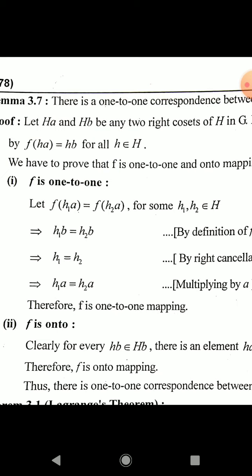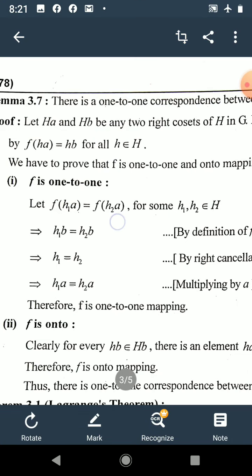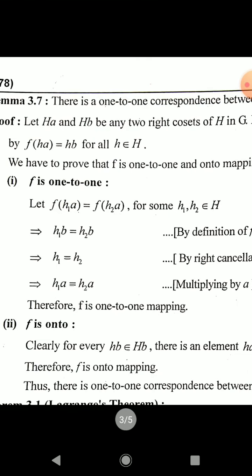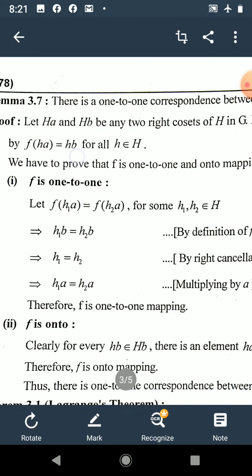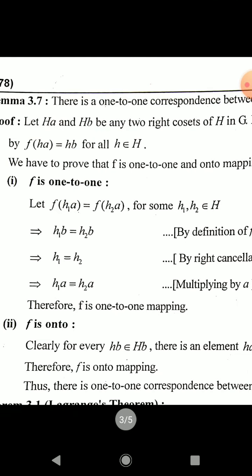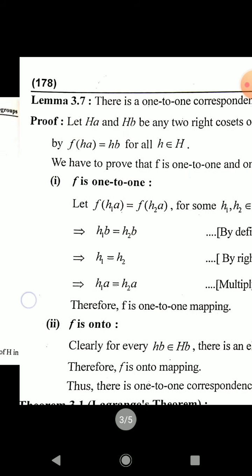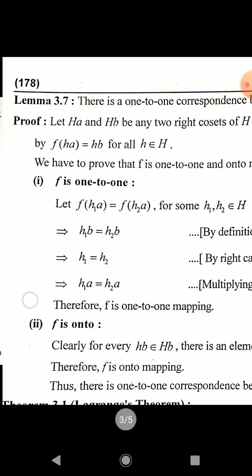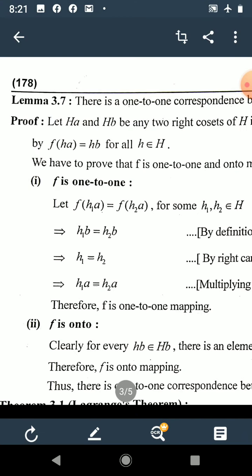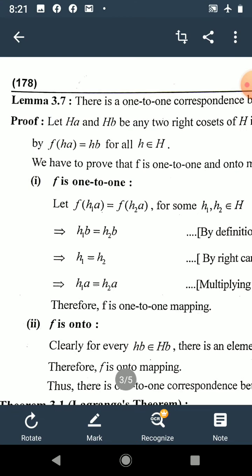Consider f(h1a) equals f(h2a). But what is the definition? f(ha) equals hb. Therefore, here f(h1a) equals f(h2a) implies h1b equals h2b.